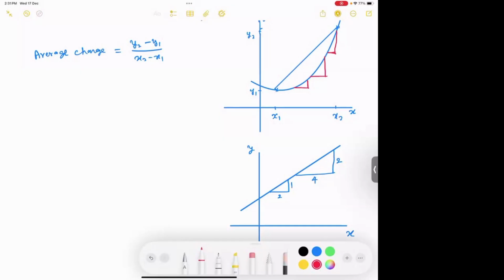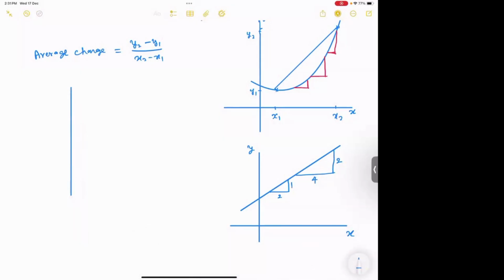But if we are finding the instantaneous rate of change, then what? We have to take 2 points which are very, very close. For example, I'm just drawing a curve here again. Look at this 1 point.